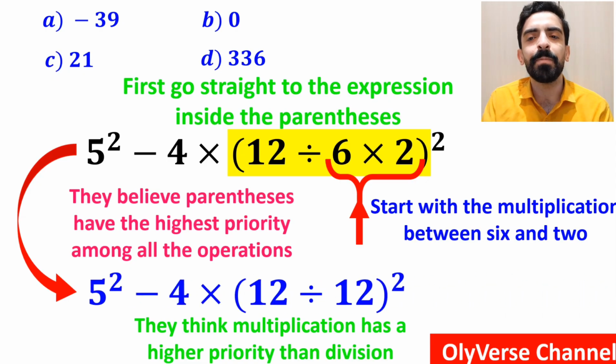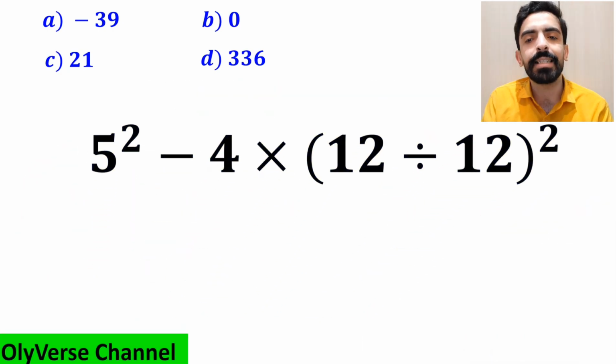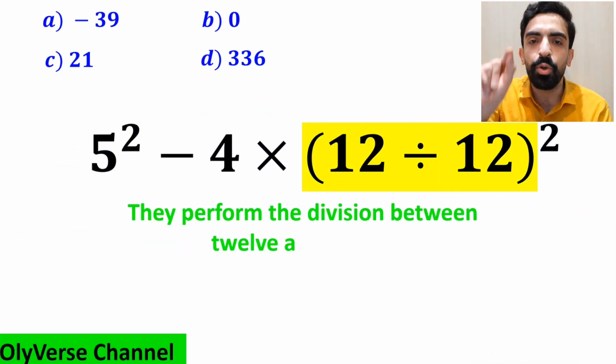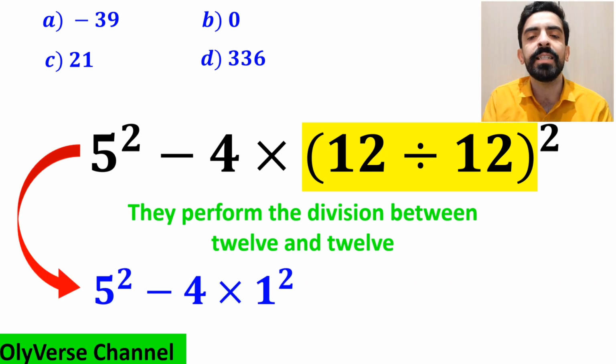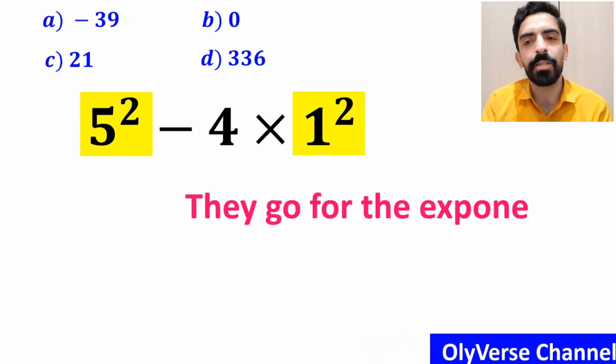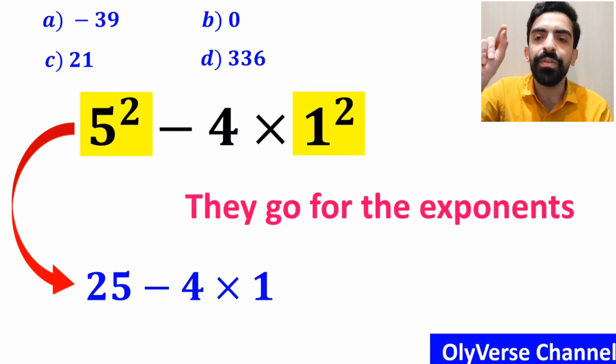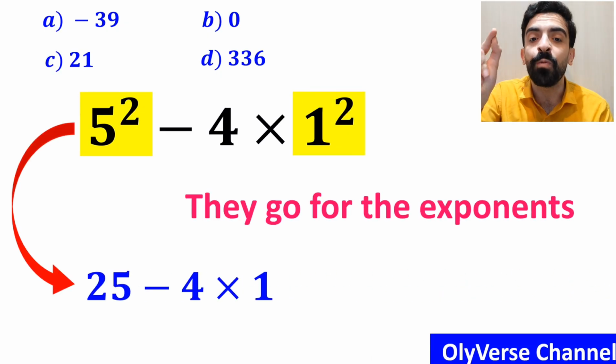So, they write this expression as 5 squared minus 4 multiplied by (12 divided by 12) all squared. In the next step, they perform the division between 12 and 12 and write this expression as 5 squared minus 4 multiplied by 1 squared. Then, they go for the exponents and write this expression as 25 minus 4 multiplied by 1.